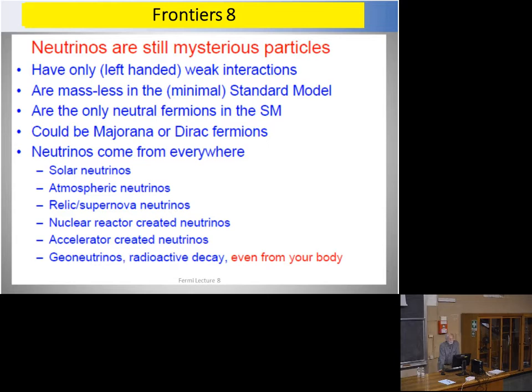And they come from a lot of different sources, and I'll try to cover some of the physics in many of those. They come from the sun, as I mentioned, a very prolific source. And that describes to us something about how the sun works, the nuclear fusion process.